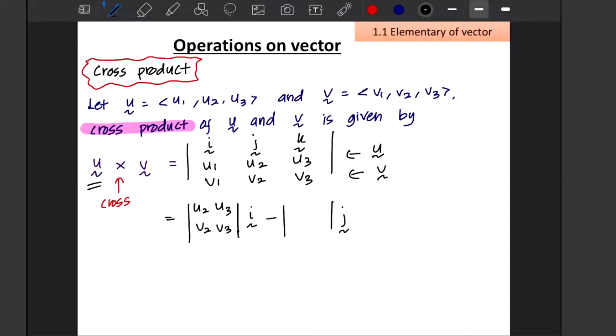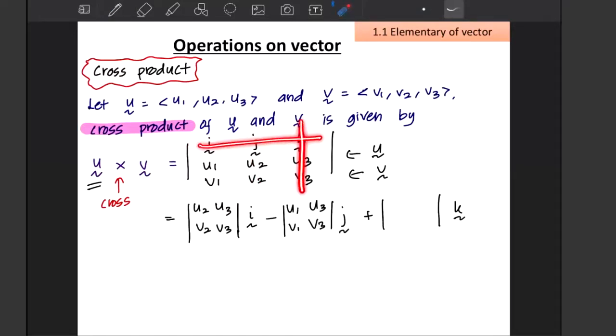Remove J here. We have U1, U3, V1, and V3. And last one, plus the component for K. This one is the same, you just remove this component and you write U1, U2, V1, and V2.